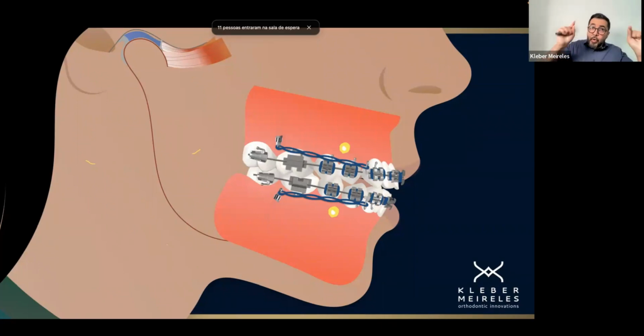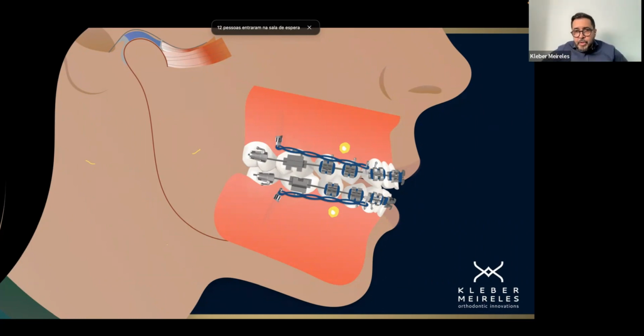But for considering this, what do I need? You already know. I need a rigid ligation. If I have play inside the slots, this is completely different. I can't consider this the center of rotation of this body. The entire arch, I can't consider if I don't have a rigid ligation.